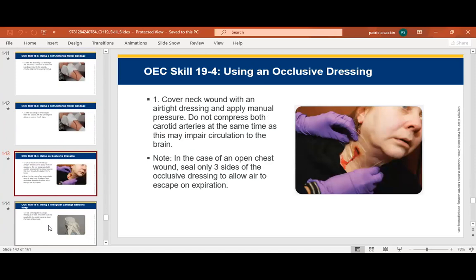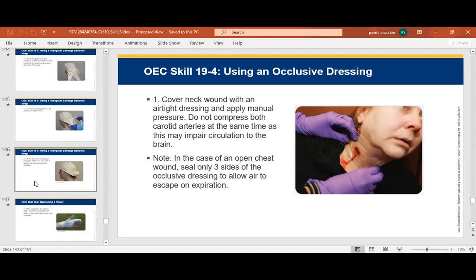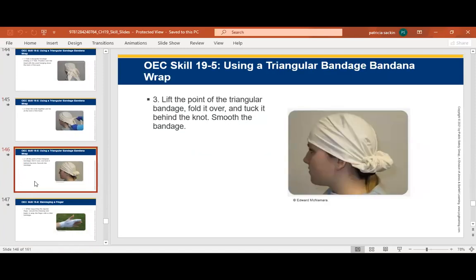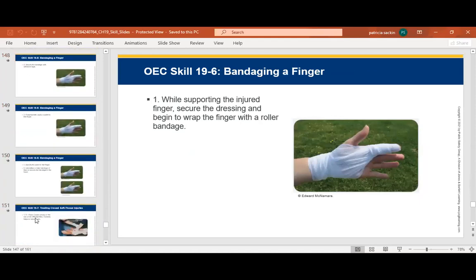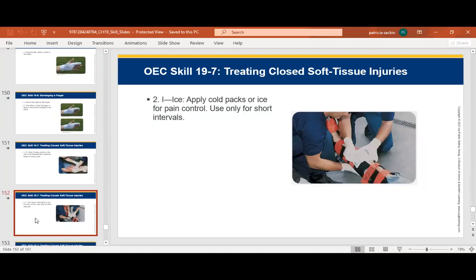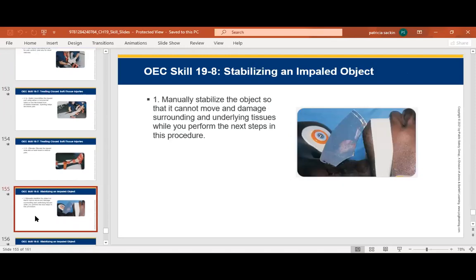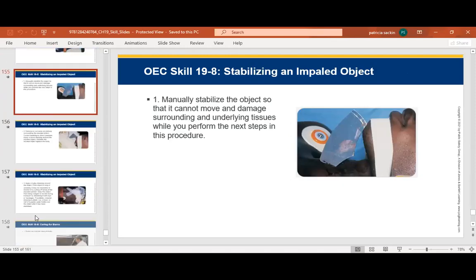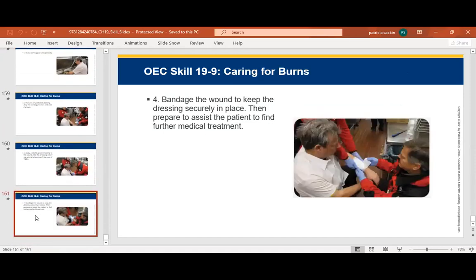There's your occlusive dressing. That's a lot of slides. Yeah, it is. And without the equipment and doing practical stuff, it's real hard to try to.